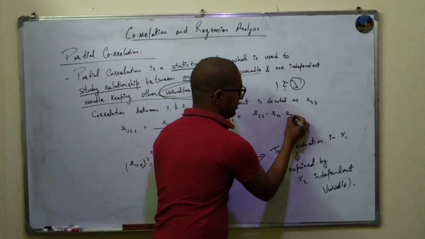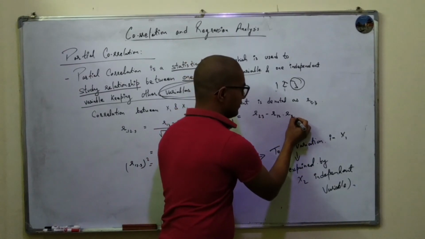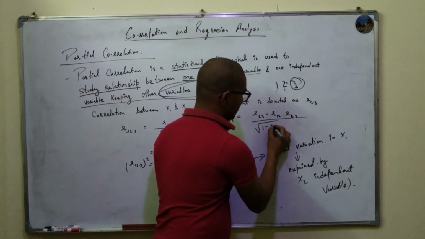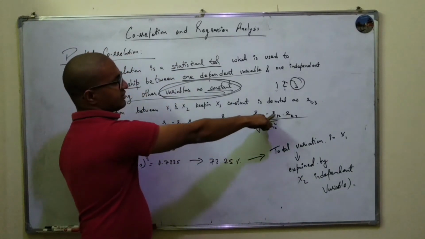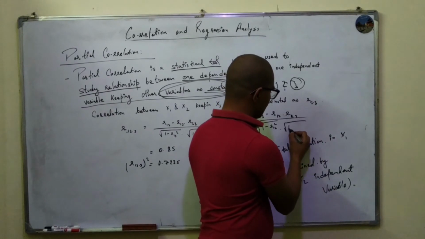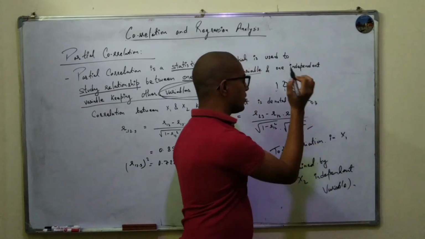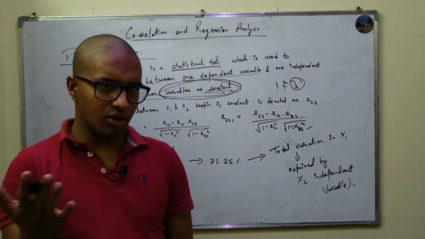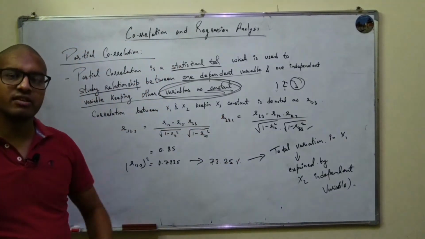Then under the root will be 1 minus r12 square, multiplied by 1 minus r13 square. Okay, so just the formula will change, whatever the constant or whichever variables you are changing, you will change the formula as well.